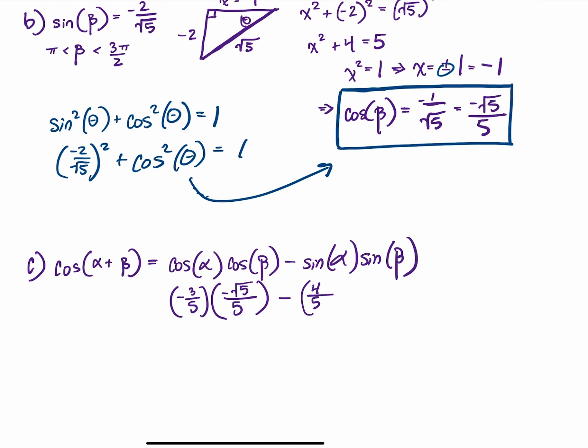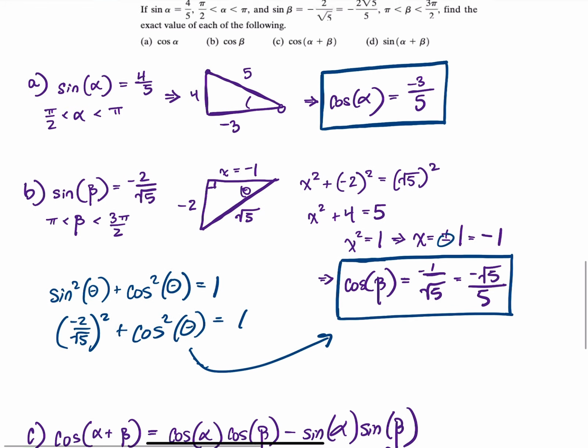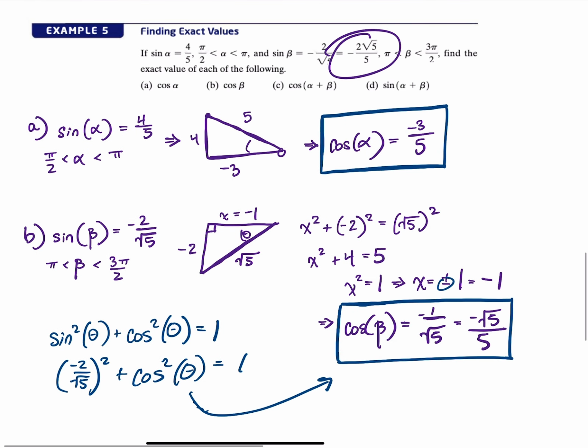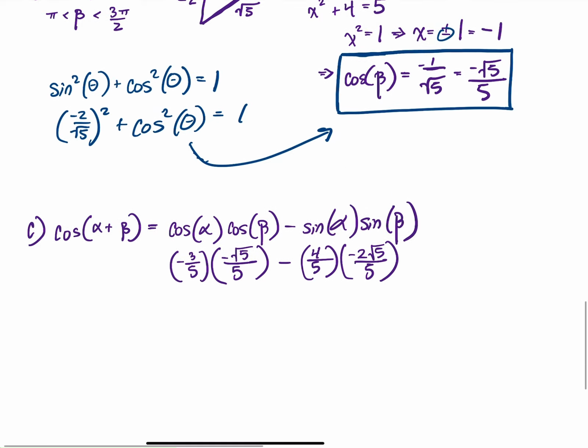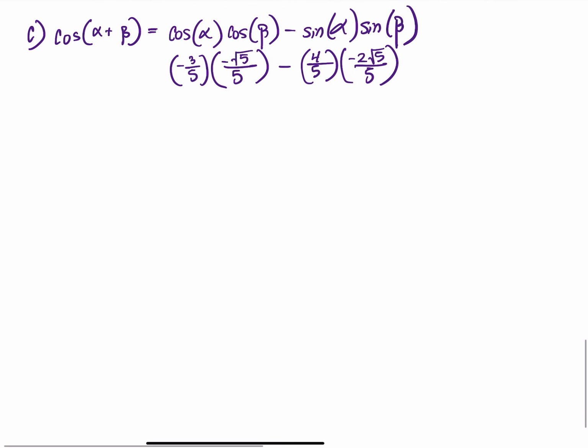And the sine of beta was, let's use the rationalized version, negative 2 root 5 over 5. So that's coming from this given information from the question prompt. All right, and then scroll down. So we got it plugged in. Let's just evaluate and simplify.